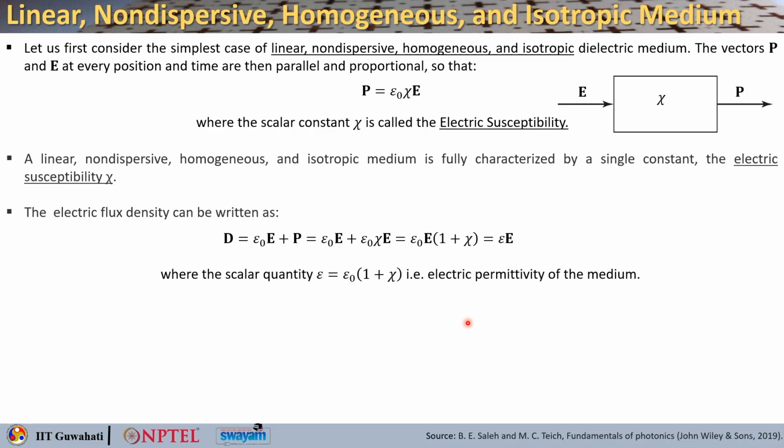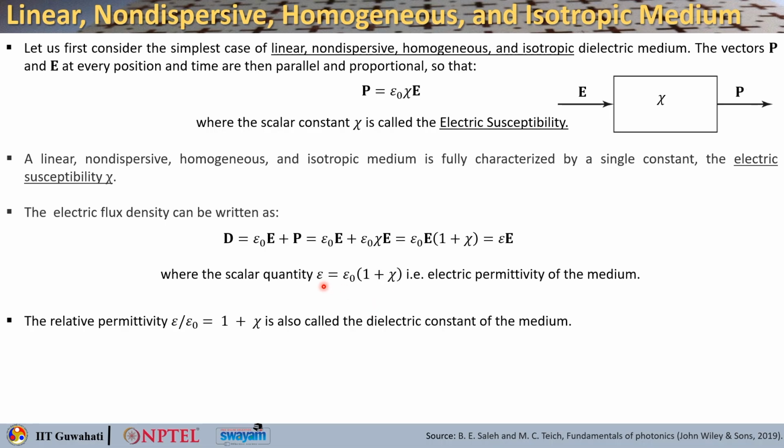So, this is the electric permittivity of the medium. As I mentioned, this term epsilon R is nothing but epsilon over epsilon naught, that is the relative permittivity, and that is given by 1 plus chi.